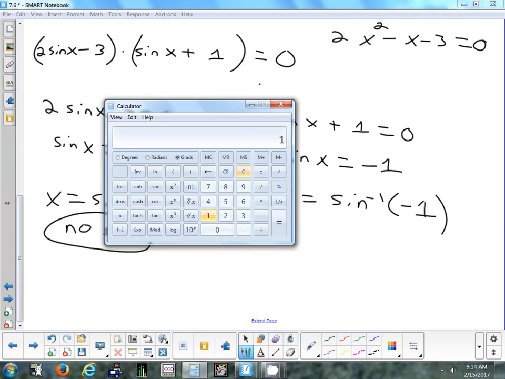Type in -1 and then inverse sine. Okay, it's at -90. Now, what did the problem say they want the answer between? All right, so yeah, between 0 and 2 pi. So eventually I'm going to change that to radians, but I also want to make that positive. You can just add 360.